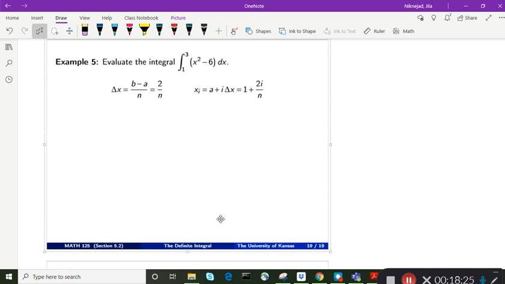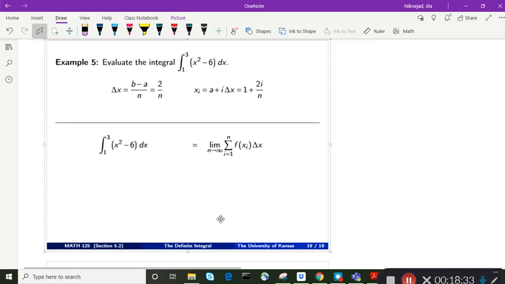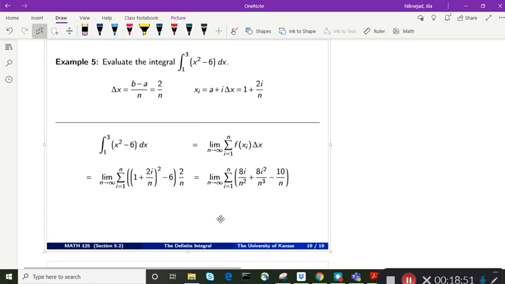Xi is going to be a plus i delta x, which is going to be the lower limit, which is 1, plus 2i over n. And then when you replace, instead of xi to the power 2, you get (1 plus 2i over n) to the power 2, minus 6, times 2 over n. And that's the limit sum that you get.